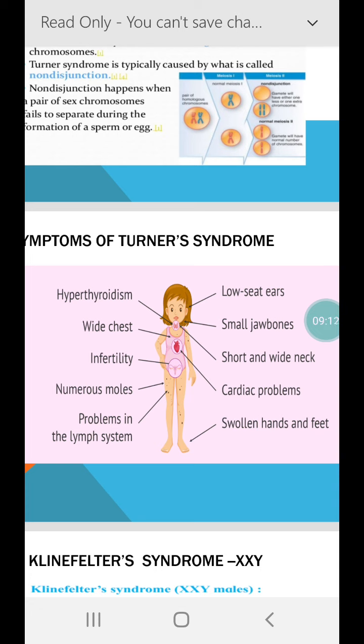So these phenotypes are seen in females. Their neck is also web-like with a low posture hairline. And in case of females, secondary sexual characteristics do not develop.